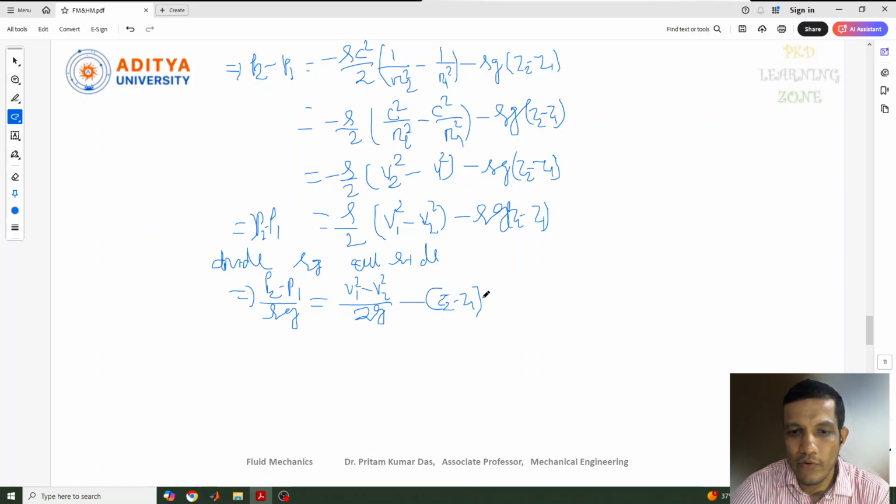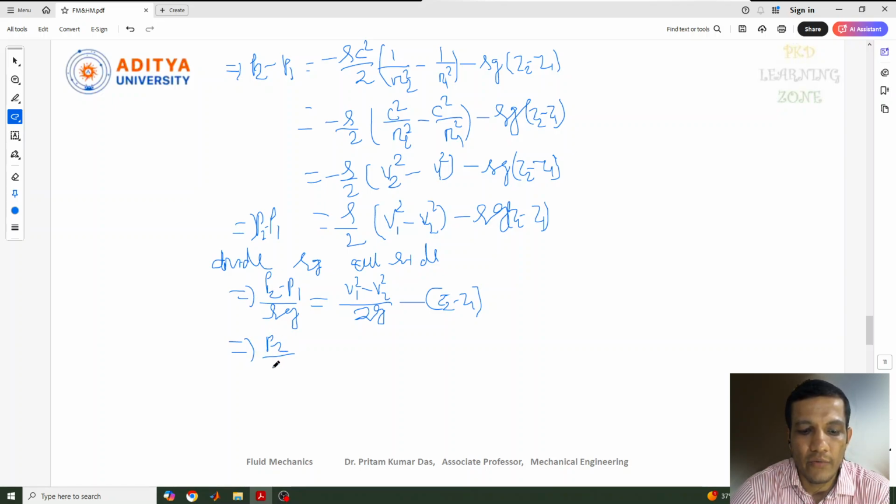If you look at this equation and elaborate it, P2 minus P1, we can write as P2 by rho g minus P1 by rho g. Let me write this.